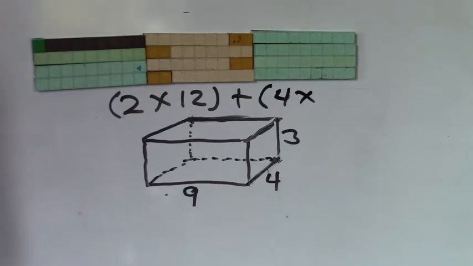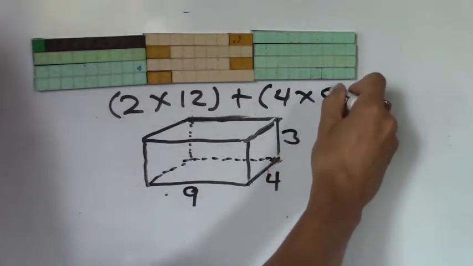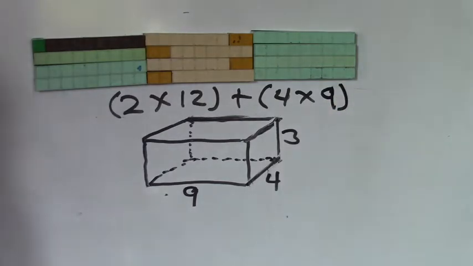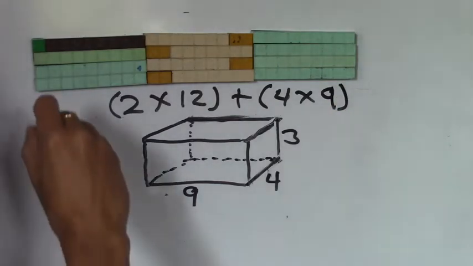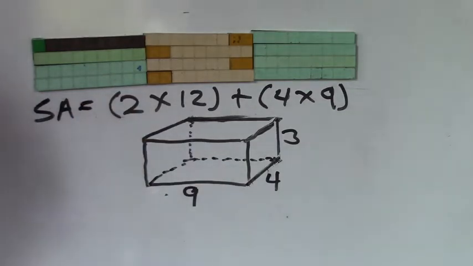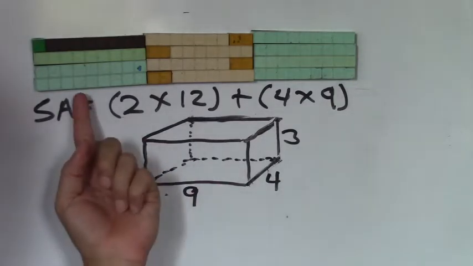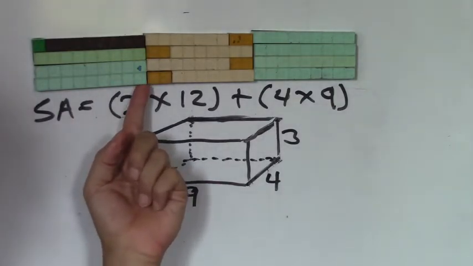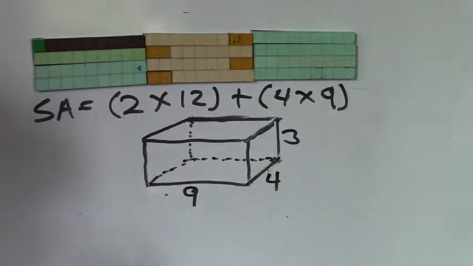What's the 9? Where do you get the 9 from? You tell me where I got the 9 from. From this? That's the length of this one side, right? Yeah, that's very true.